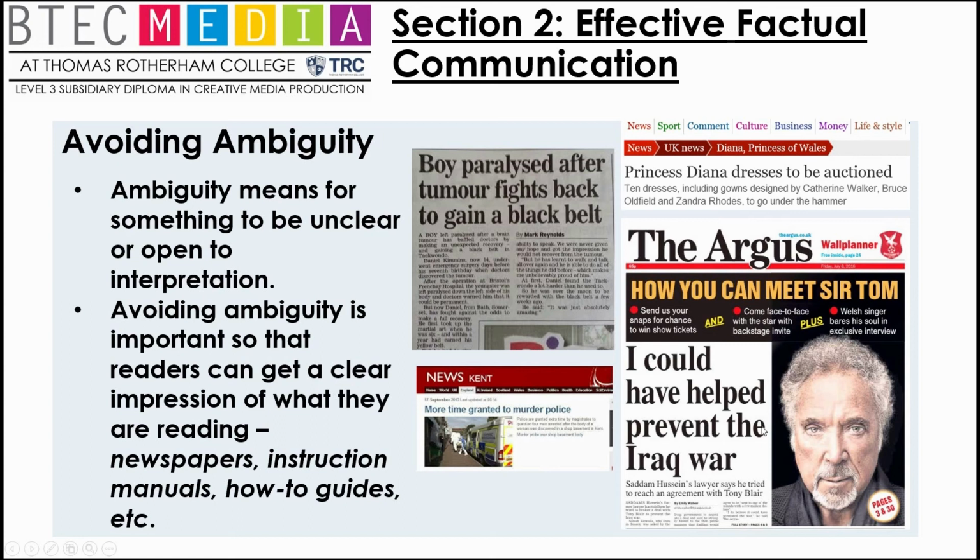However, you could look at that and think, when did Tom Jones say that? How could Tom Jones help prevent the Iraq War? So avoiding ambiguity is very, very important for factual journalism. Things have got to be clear. There can't be any sort of confusion about facts, about what you're trying to say.